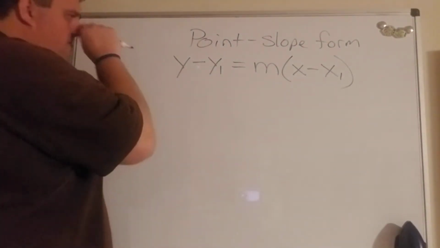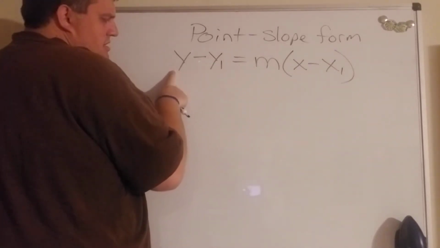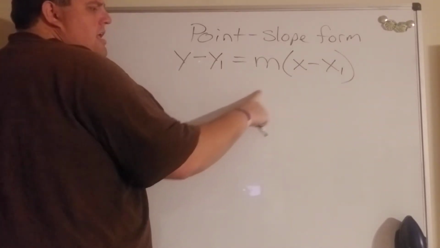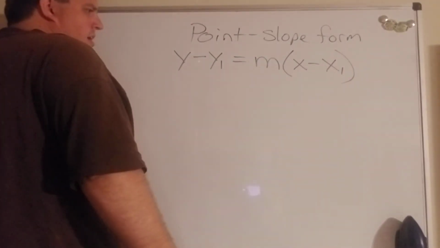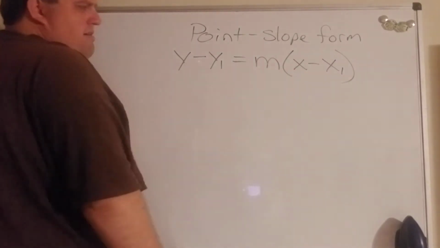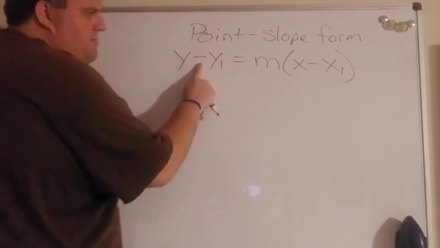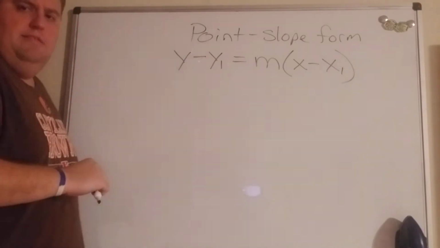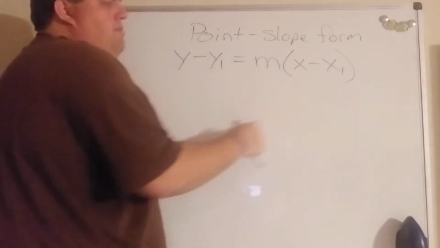But with point slope form, we're going to keep the y value next to this y, and we're going to keep the x value next to this x. This is still kind of like mx over here, but we don't have a y-intercept or anything like that. And notice the most important part, I think, is these minus signs, where it's y minus y1 and x minus x1.